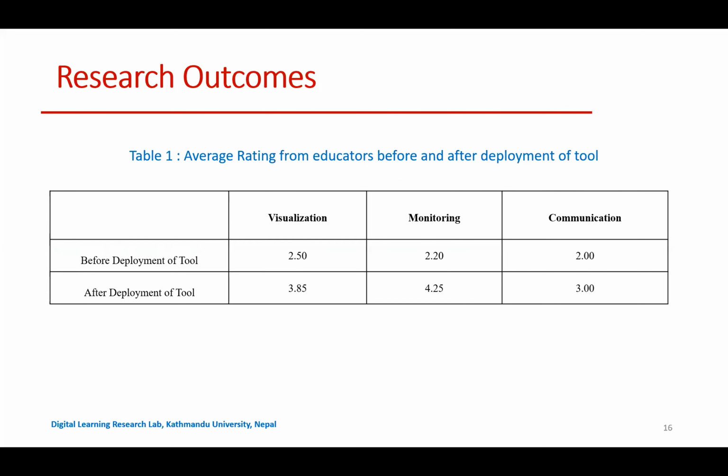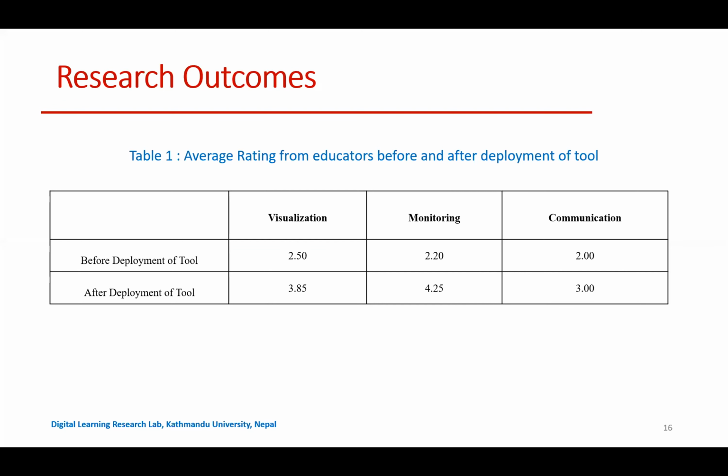And so we've divided the survey into 3 different parts according to the features that they get in the Moodle. So during the pre-survey, these are the scores in total out of 5. Teachers and educators felt that the visualization part was lacking in the Moodle, and also the monitoring part, and the communication was also not so good, because they all had scores closer to 2.